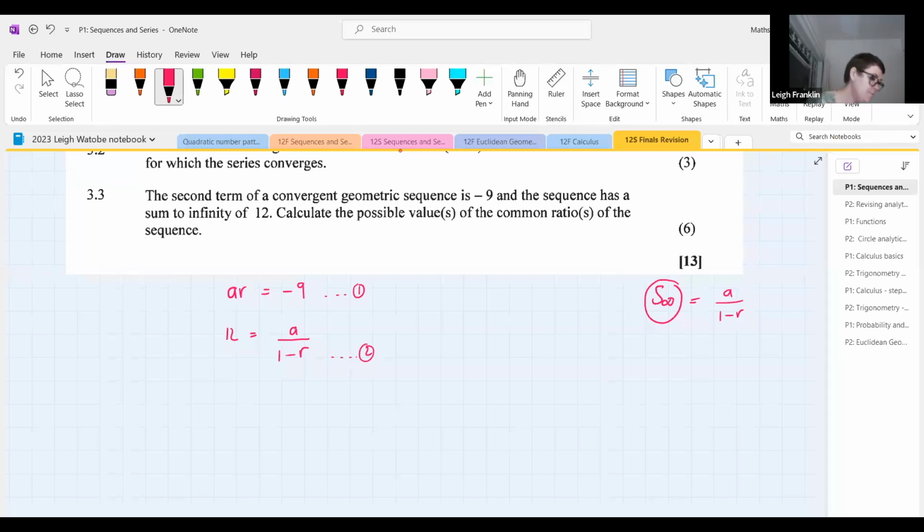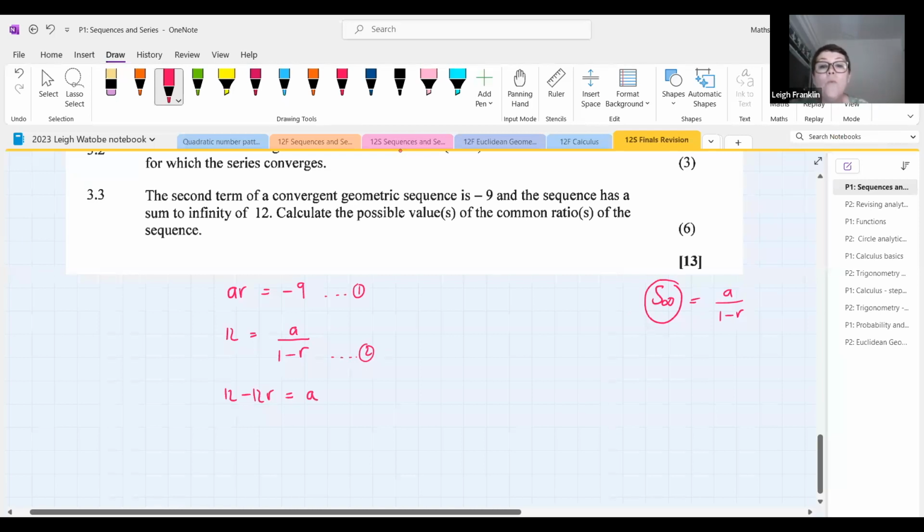Voloshan? So I took the sum to infinity and I cross multiplied and I found A to be the subject of the formula. Okay, all right, that's fine. So you multiplied this one out. That's not a problem. So cross multiplying, that would give you 12 minus 12R is equal to A.